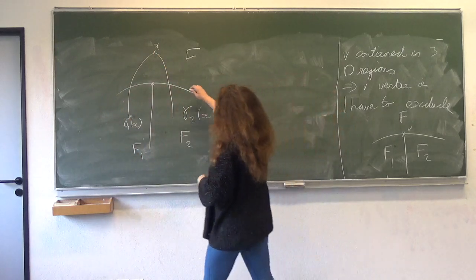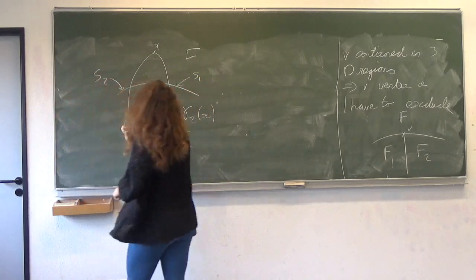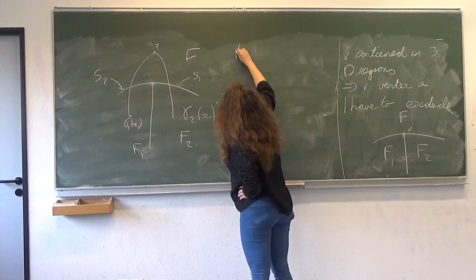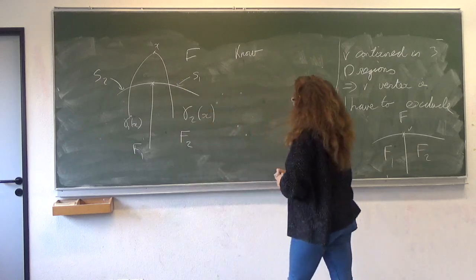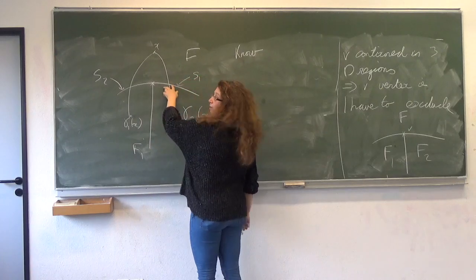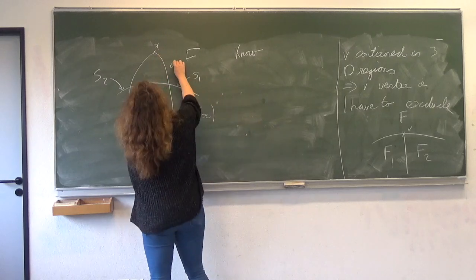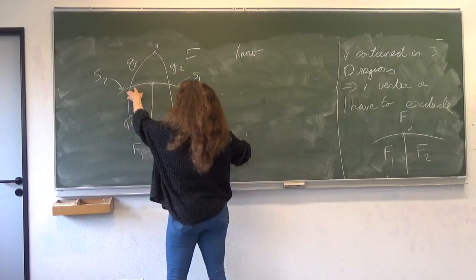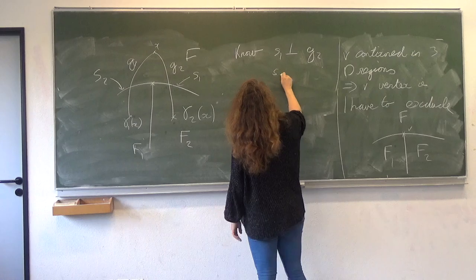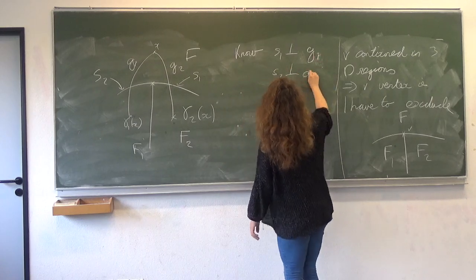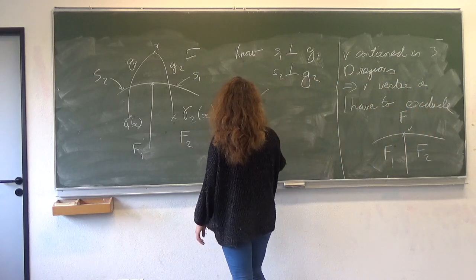Let's call this segment S1 and this segment S2, and what I know is that the boundary between F2 and F is the orthogonal bisector of this geodesic here, which I'm going to call G2, and this one G1. So I know that S1 is orthogonal to G2, and that G1 is orthogonal to G2. This gives me something like this.